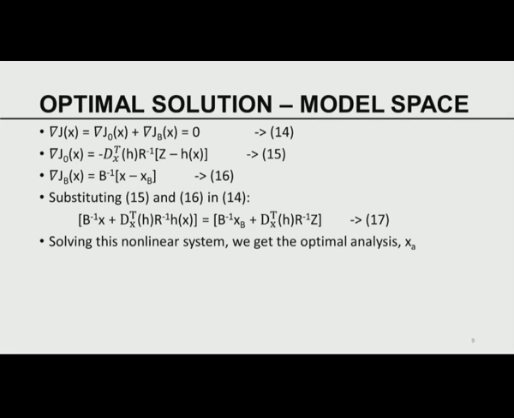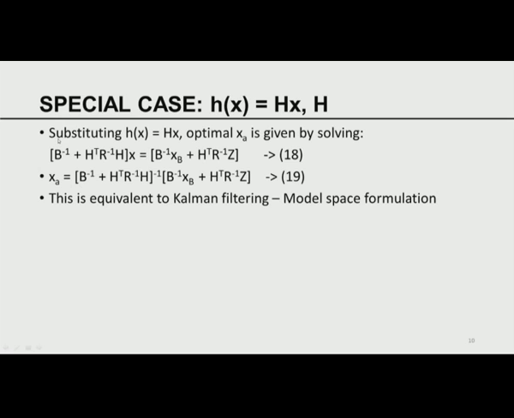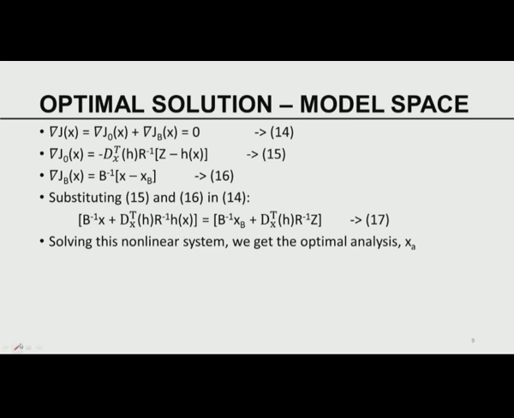We can compute the gradient. Gradient of the sum is the sum of the gradients. Hessian of the sum is the sum of the Hessians. So gradient of J naught, gradient of Jb. Substituting, summing and equating that to 0, I get the general equation.